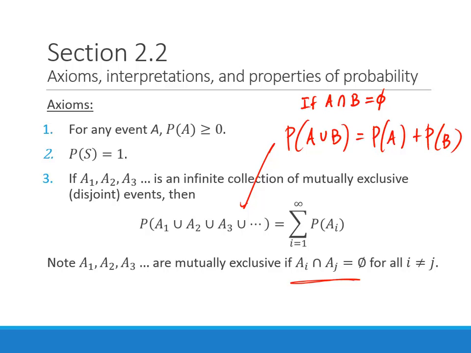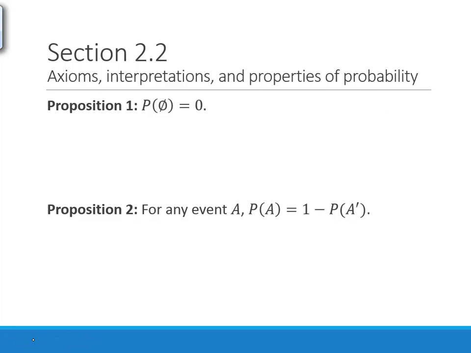All right, so here we go on page 4 of your notes. Using those axioms, the first thing we can prove is that the probability of the null event, this little thing here is the null event, is actually 0. This is based on the first axiom from the previous page. We can write that the sample space S is equal to the sample space together with the null event.